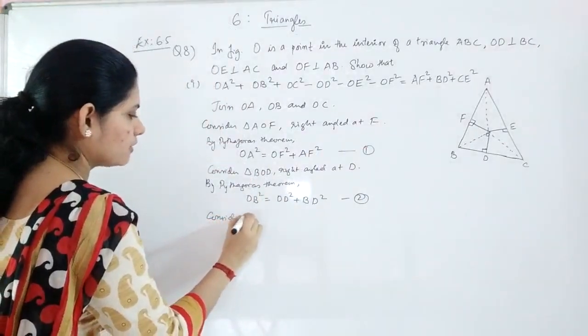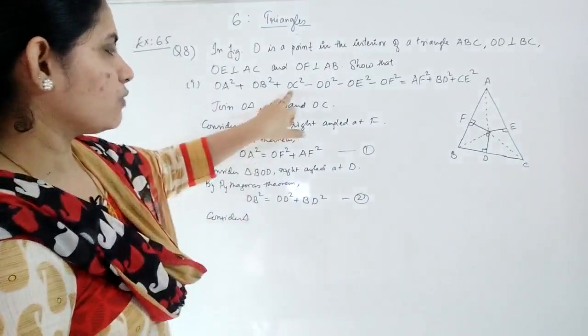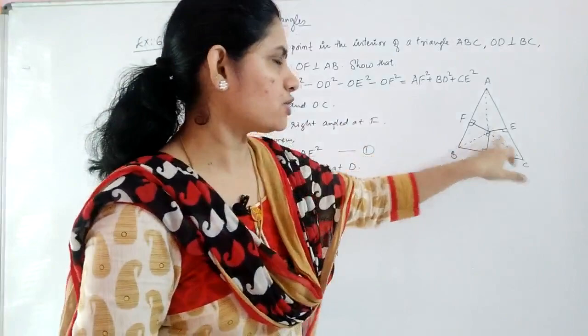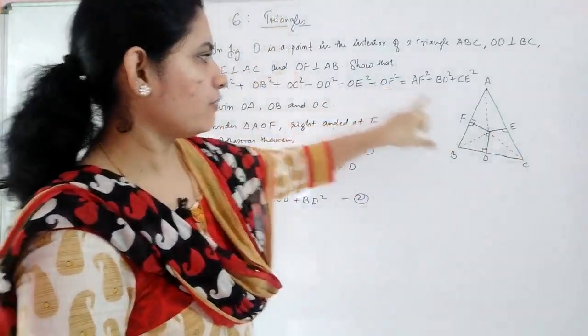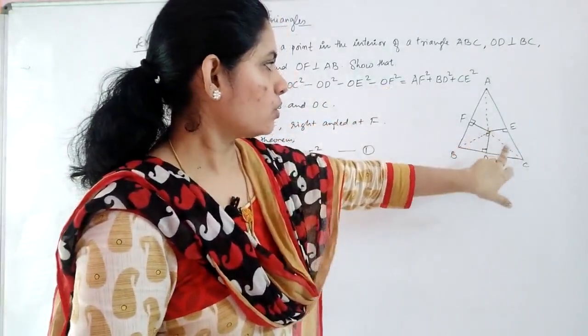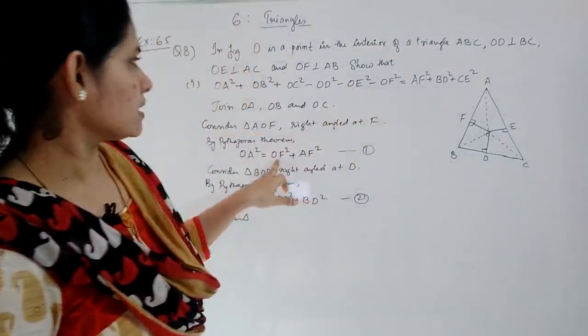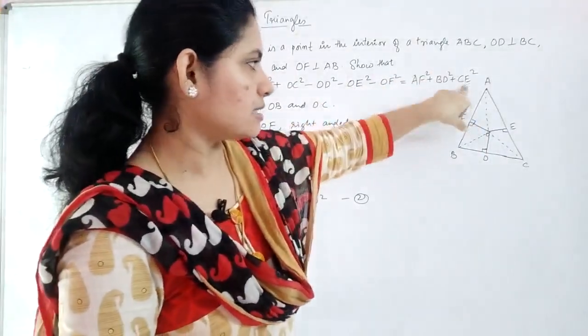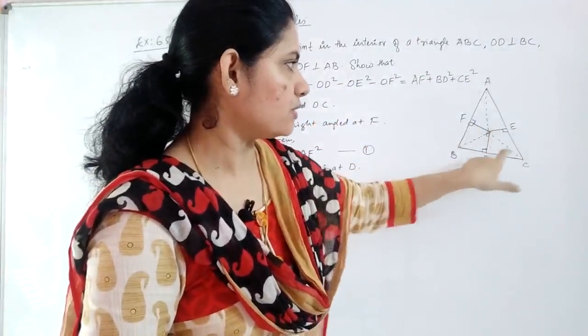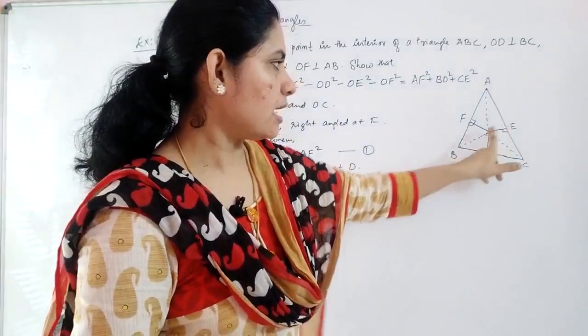Which triangle will we consider? Just see, you have OC square, so OC, this side should be there. Then you have OE and OF we have already considered, OE and CE. So these three sides you will have: OC, CE and OE.